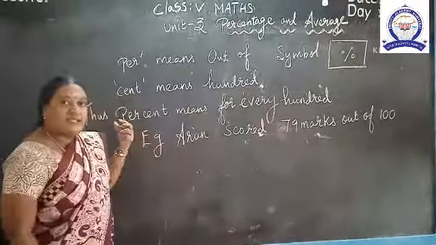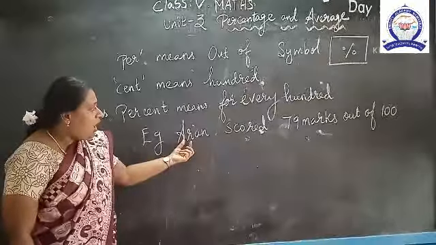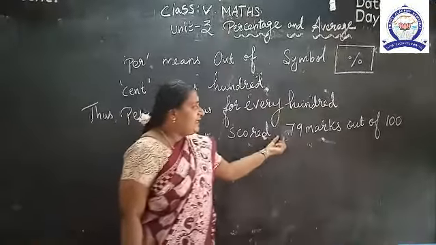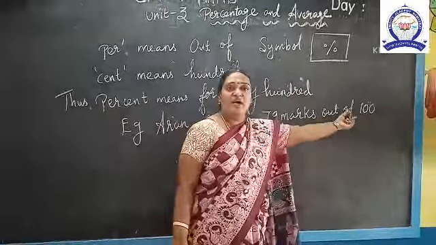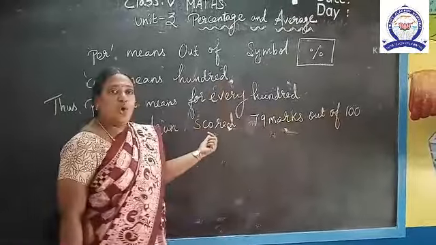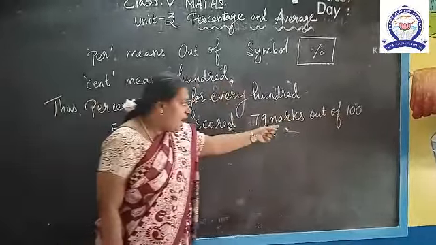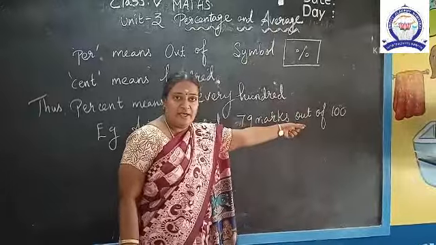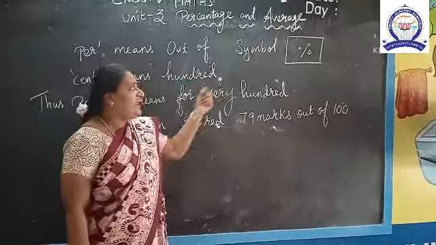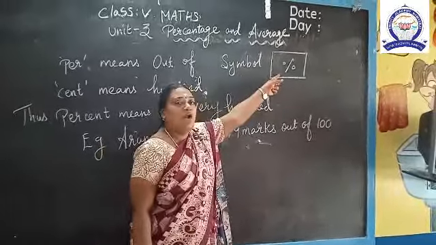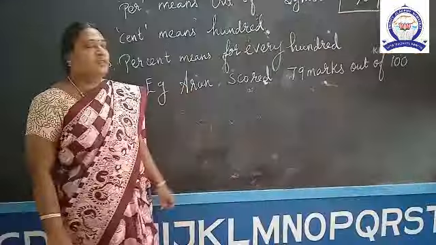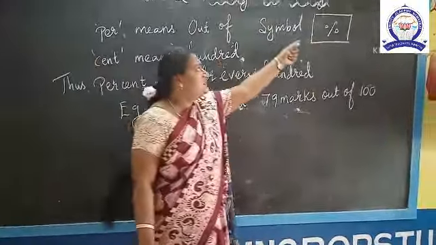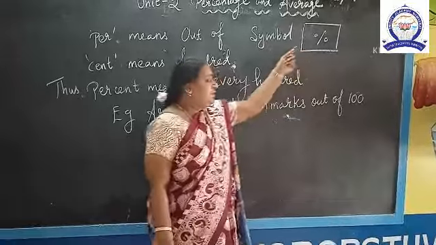For example, Arun scored 79 marks out of 100. The symbol of percentage is this one.